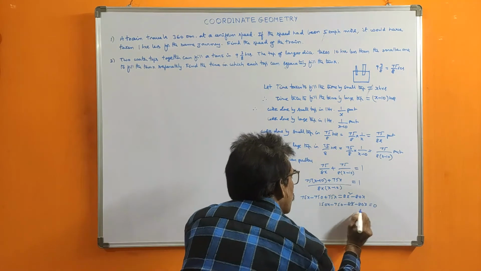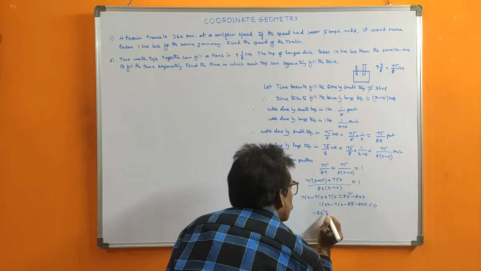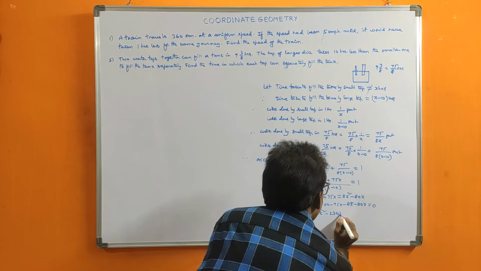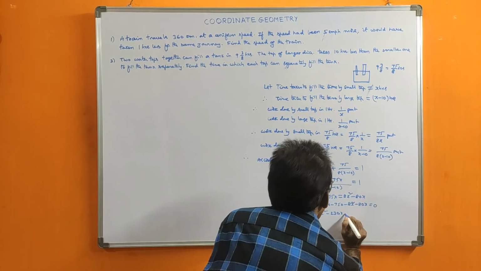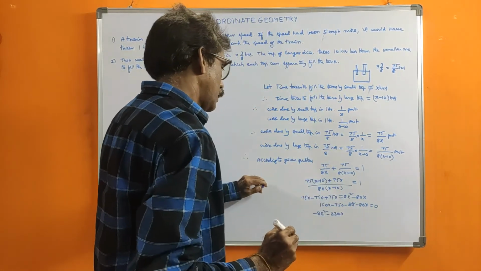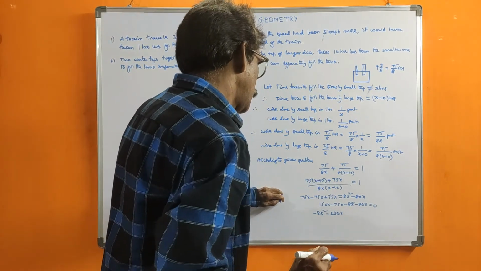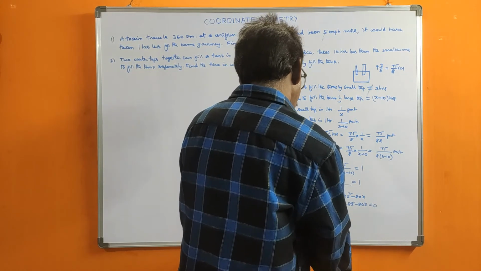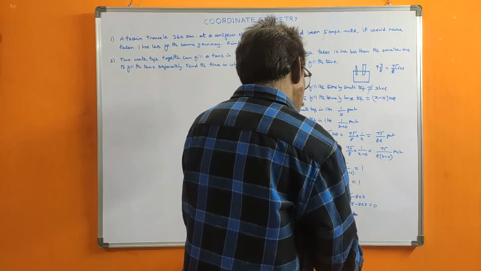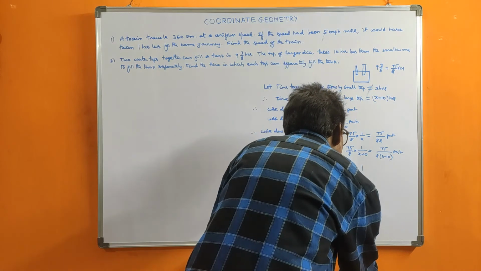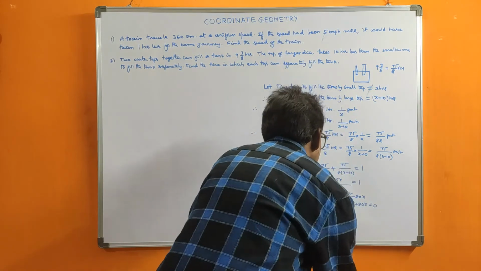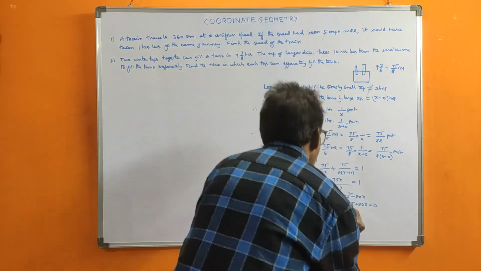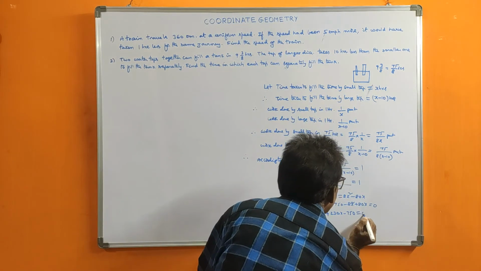Combining, minus 8x squared plus 230x minus 750 is equal to 0.